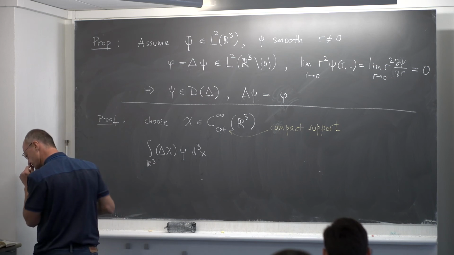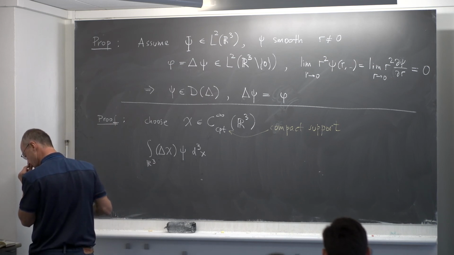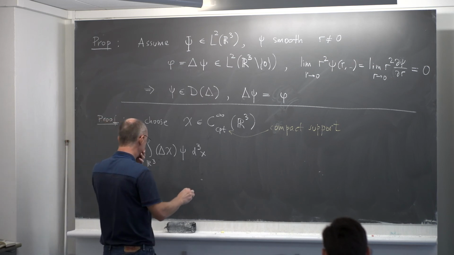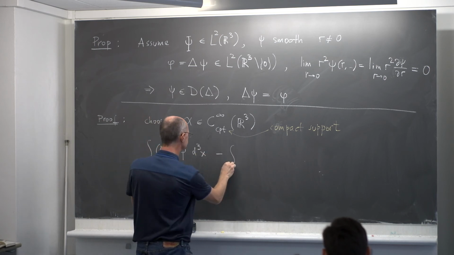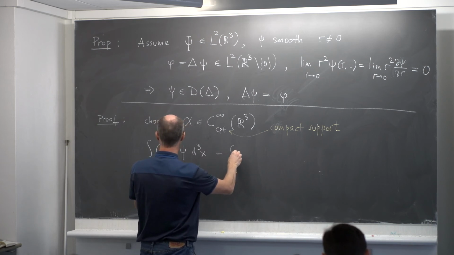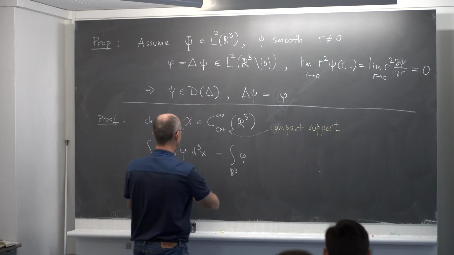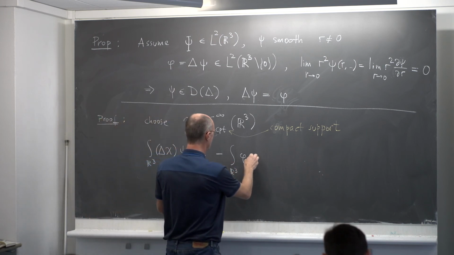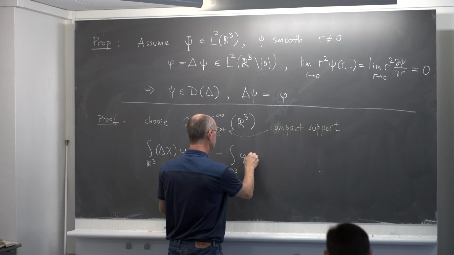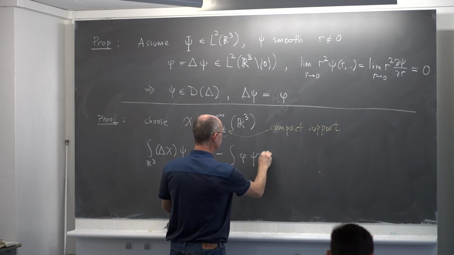Now I would like to subtract from it an integral over R3 of this element phi multiplied by psi.